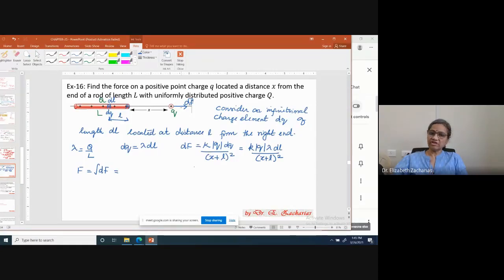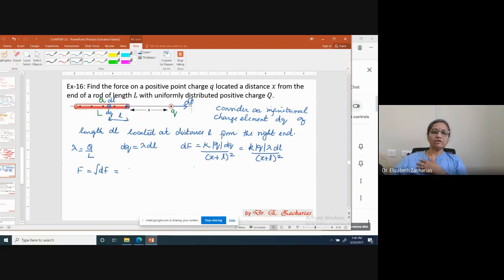Same as the previous one, right? If I take an element here also, the same force. Now for the first time we are seeing a problem where all the forces are parallel to each other. I don't have to look for any symmetry in this problem. Every element is going to repel the charge Q. So it's simply going to be a series of dFs having the same direction. All I have to do is just do the integration.